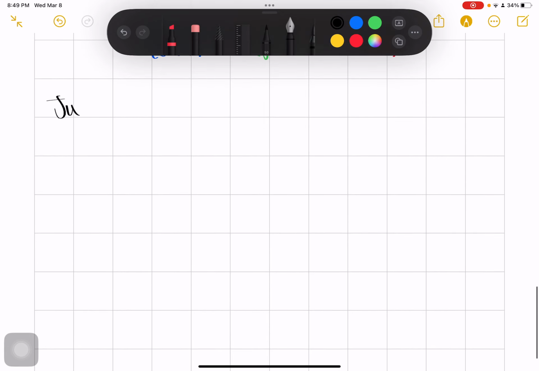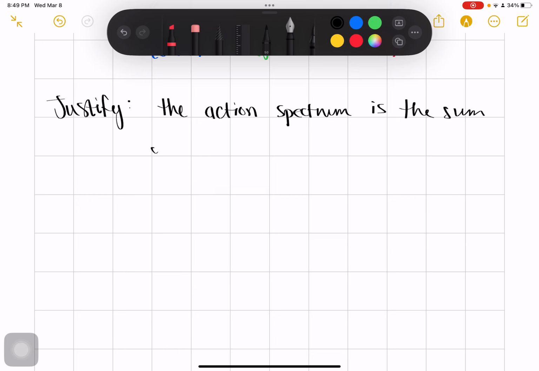So if they tell you to justify why these two graphs are similar, you're going to say these exact words: The action spectrum is the sum of all absorption spectra.